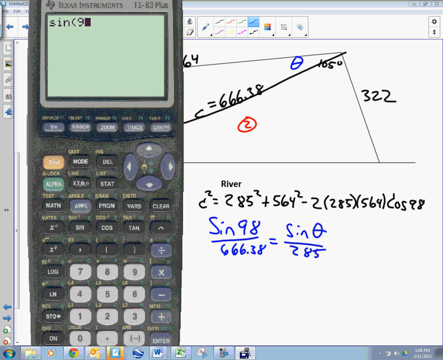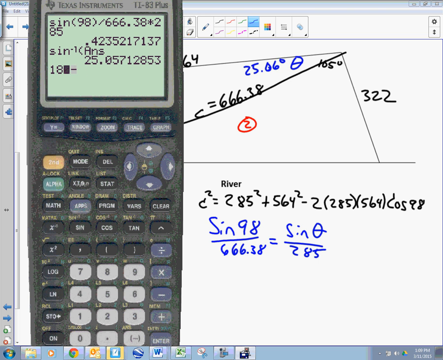Sine of 98, and then I inverse that answer. 25.06? Is that what you got? So can I find the other angle? How? 105 minus the answer. I get 79.94.